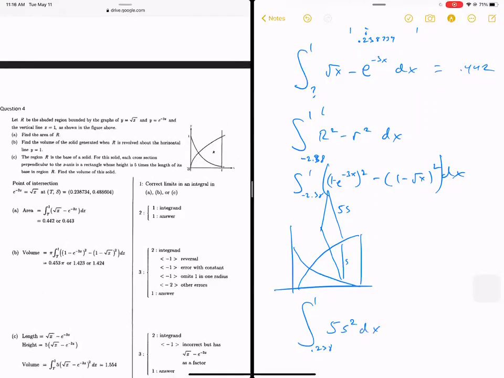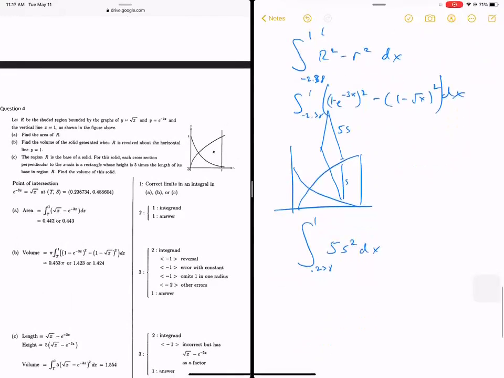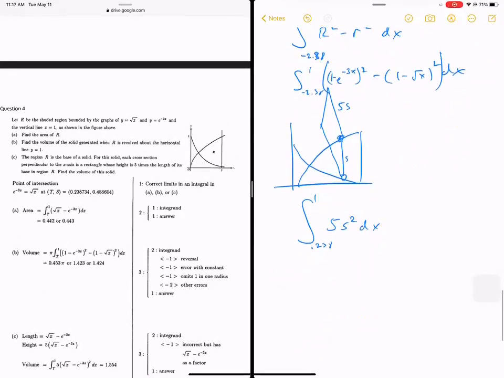dx. Now what's s? S is this upper minus lower, okay? S is upper minus lower, which means s is equal to the square root of x minus e to negative 3x. That's our s value. You plug it in and we're golden: integral from 0.238 to 1 of square root of x minus e to negative 3x, times 5, squared, dx.